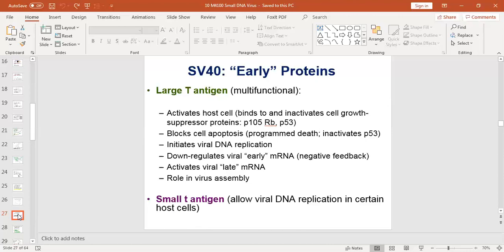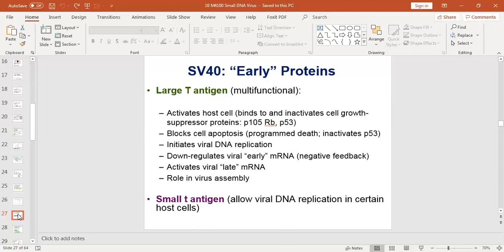These were P105RB and P53. Remember, through different mechanisms, these two proteins regulate the cell cycle so it can proceed in a very regulated manner. In their absence, the cell cycle goes out of control and contributes to tumor formation.